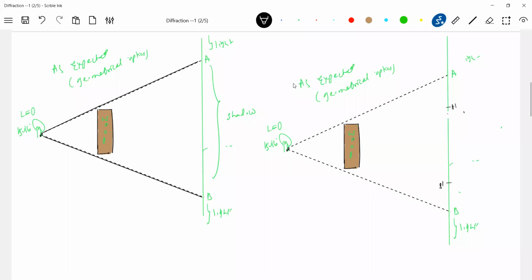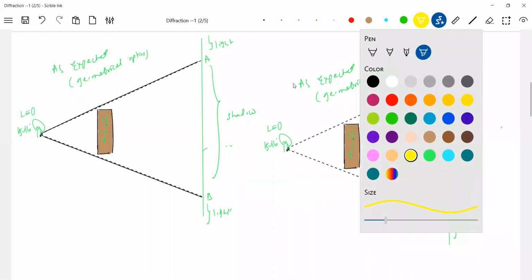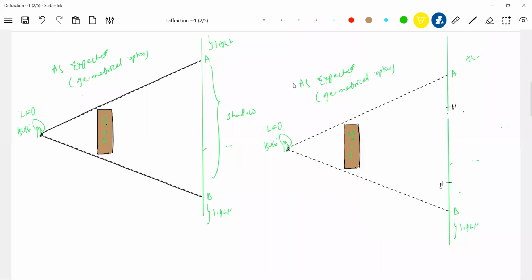Light and no light, no? So we'll do one thing: light means yellow color, so where light is present, we'll make it yellow. It'll be easy for us. This is what our geometrical optics says, and this is what we expected.